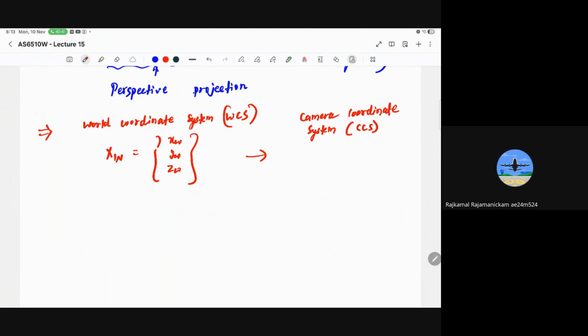Camera coordinate system also is basically in 3D. So this will be represented by XC, YC, and ZC. The transformation from world coordinate system to camera coordinate system is basically a simple transformation, that is actually a coordinate transformation.